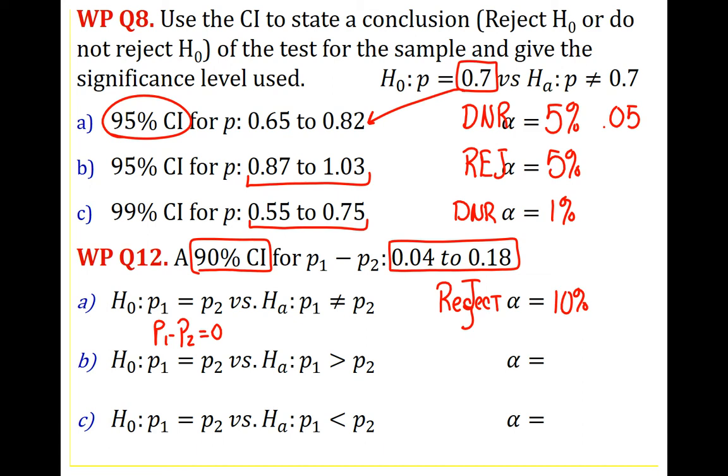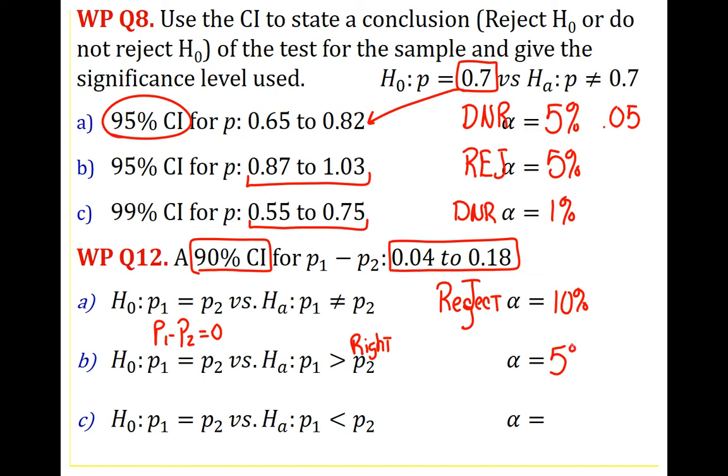If I do the next one, I'm doing P1 minus P2 again, 0. And this is a greater than statement, so this is a one tail to the right. First of all, I'm going to have a 5% significance level. Why?